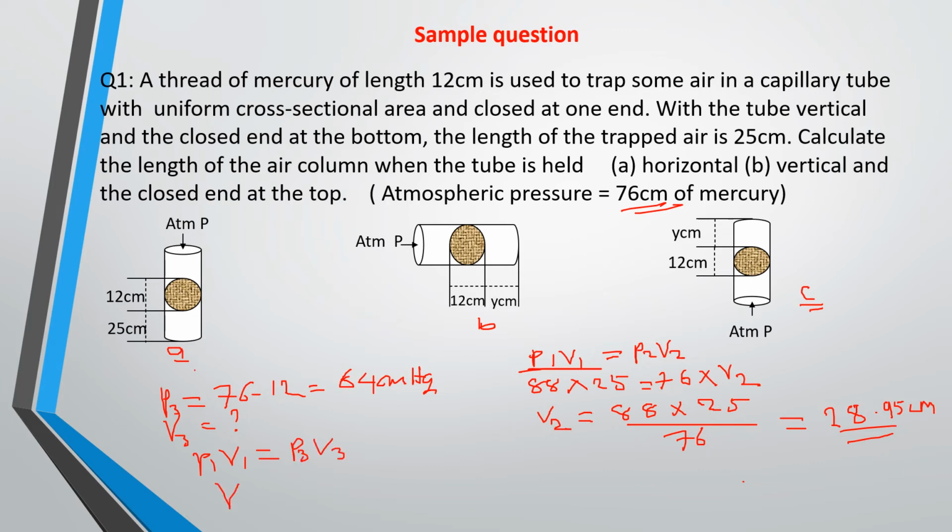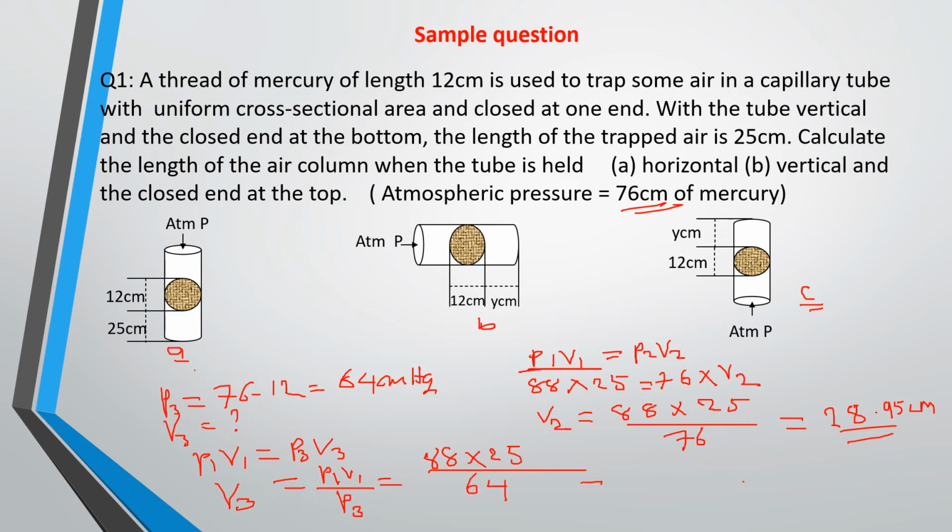So your V3 equals P1V1 all over P3. If you substitute into this equation, you are going to have 88 times 25, which we had before, so P1V1, all over your P3, which is 64.